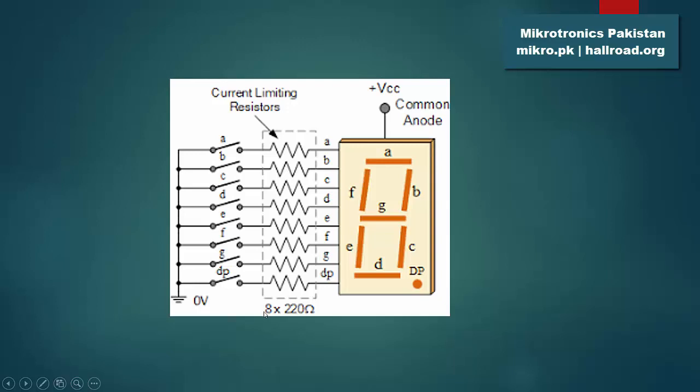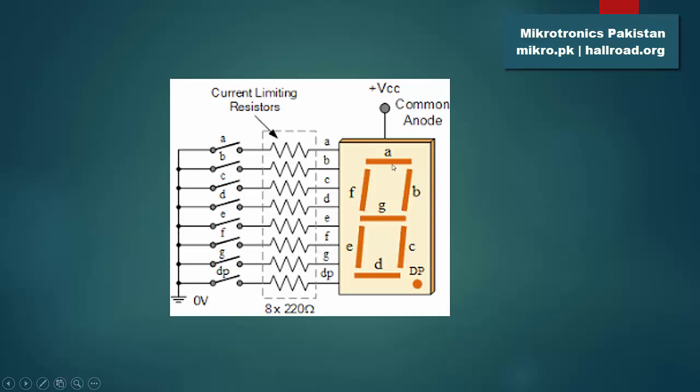Usually in microcontrollers, we have 5 volts or 3.3 volts output, and we want to limit the current within 25 milliamperes. That is usually the limit of your microcontroller pins. So a 220 ohm to 330 ohm resistor is almost enough for the display.